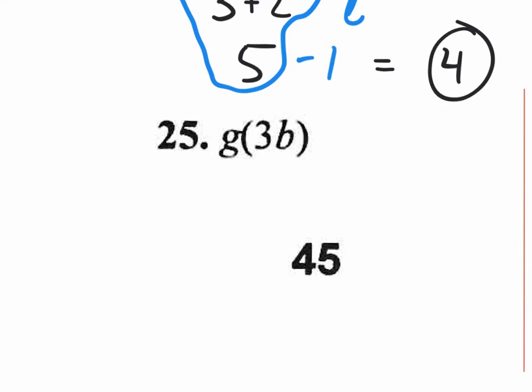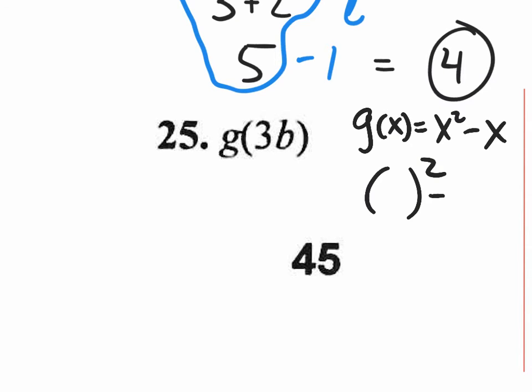Oh no, we have 25. G of 3b. So g of x, let me rewrite that. G of x is x squared minus x. So we really have parentheses squared minus parentheses. And inside of the parentheses, we're putting in that 3b. So the question is, what is 3b squared?